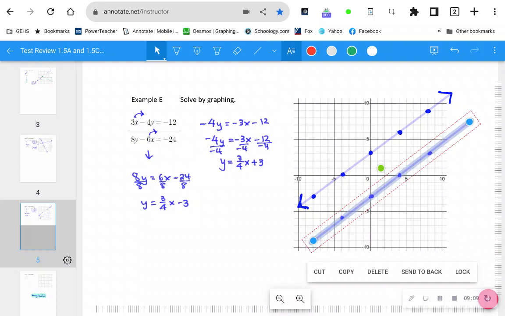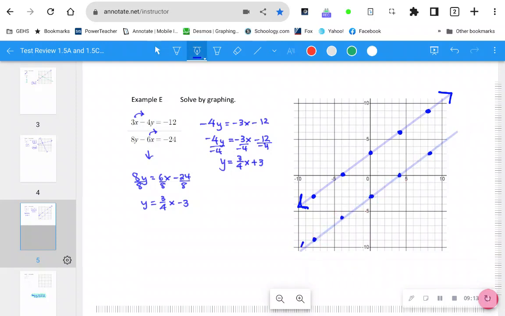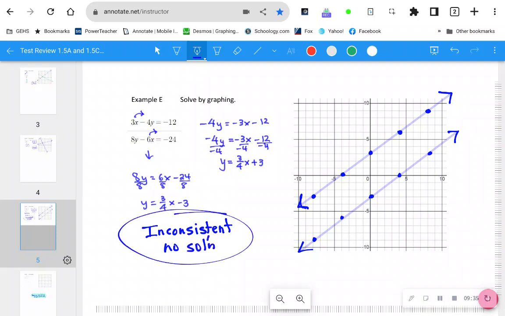These lines don't intersect. They are parallel to each other, which is one of the ways of telling parallel lines is that they don't actually cross each other. So you're going to put this system is inconsistent. And these types have no solution. That's what you put in this situation.